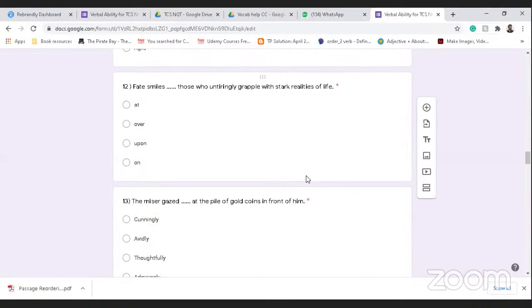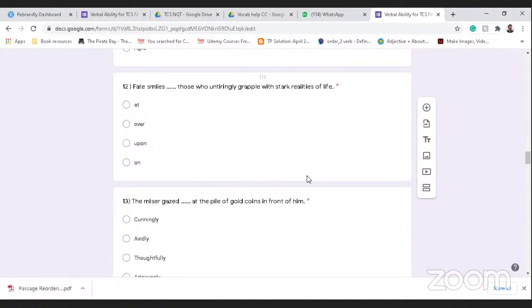Next one. Fate smiles dash those who untiringly grapple with stark realities of life. Okay, now this is an example of idioms and phrases.